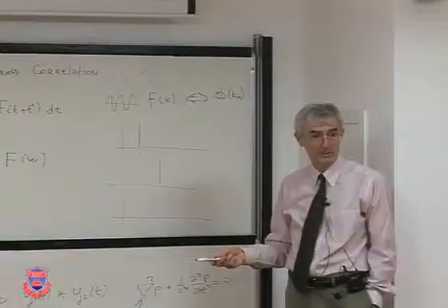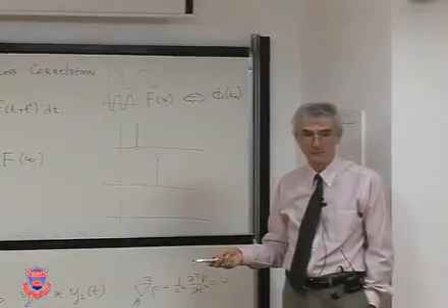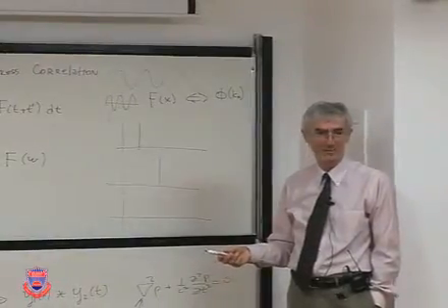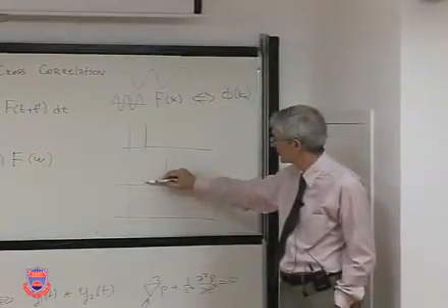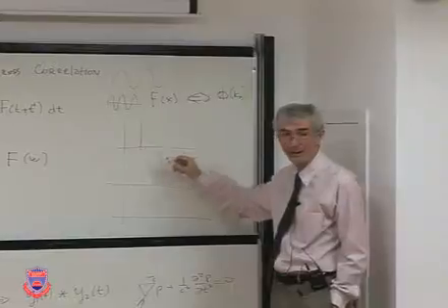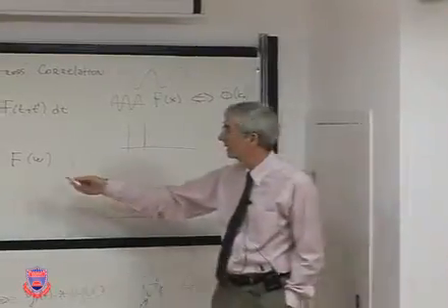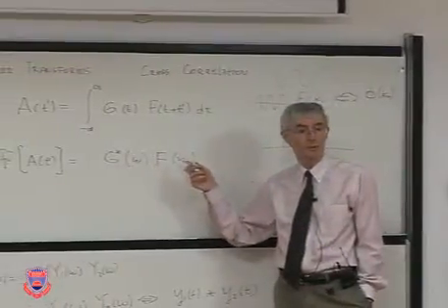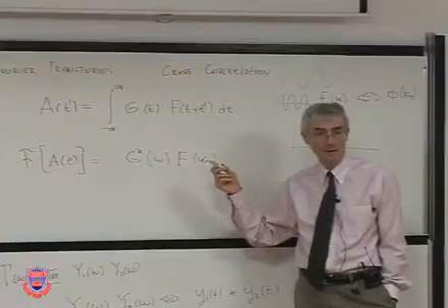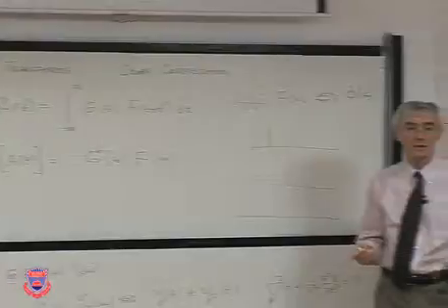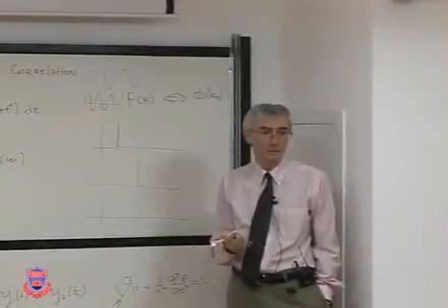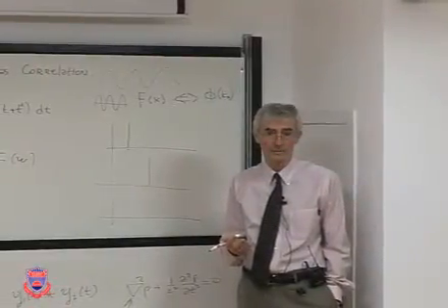Zero. How come? You multiply this frequency with that frequency. That means their cross spectrum is zero. That means their cross correlation is zero. And physically what that means is there's really no relationship between these two.